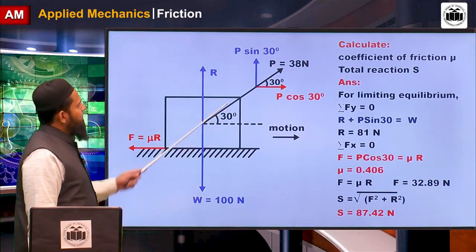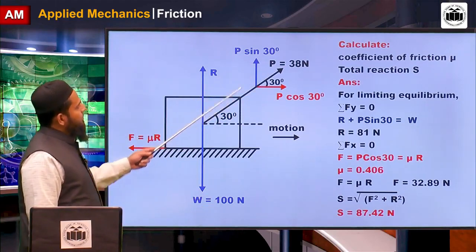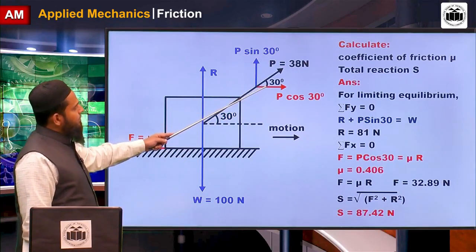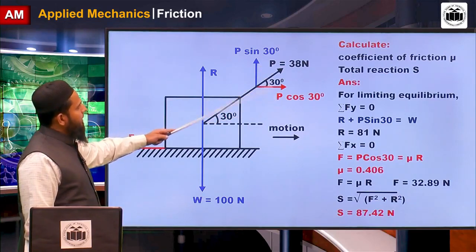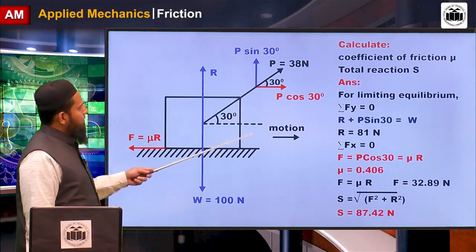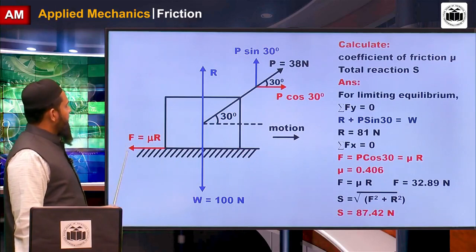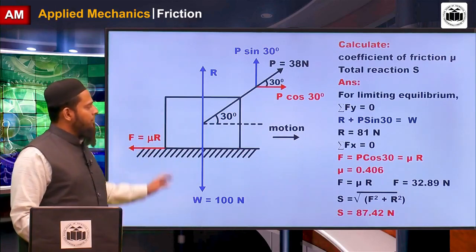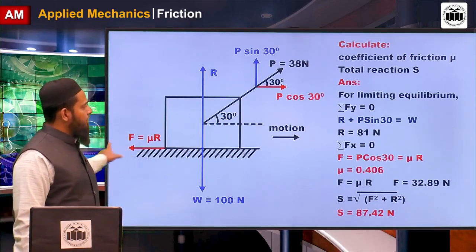Students make a mistake here in the resolution of the forces. Adjacent to P is P cos and the remaining is P sin. Motion is in this direction. So what is the frictional force? It is opposite to that motion, here in the opposite direction.